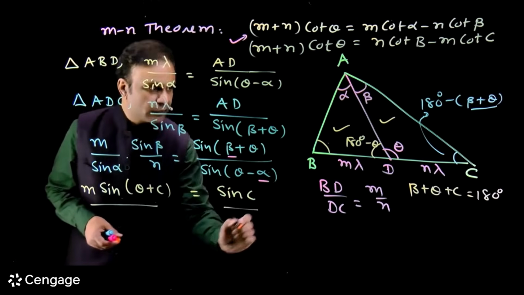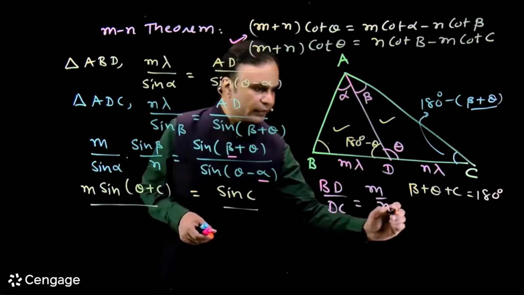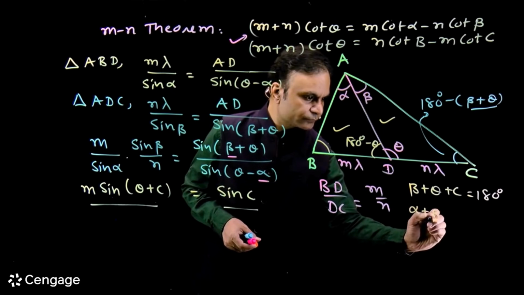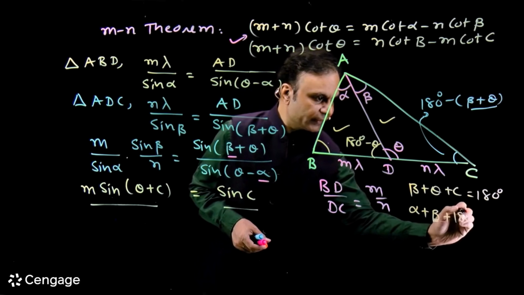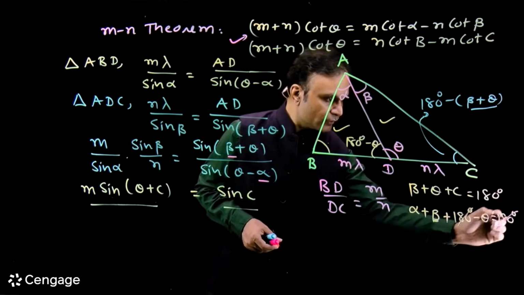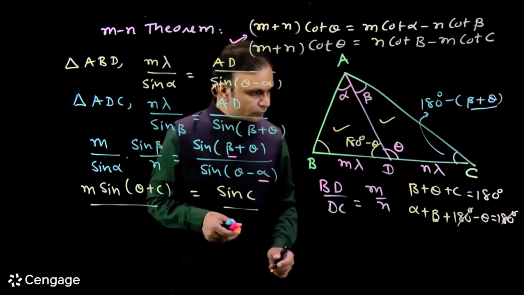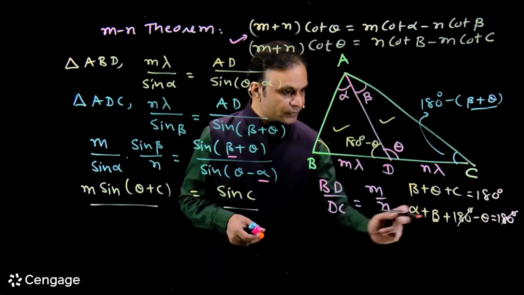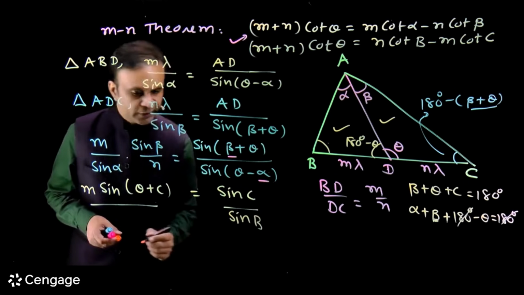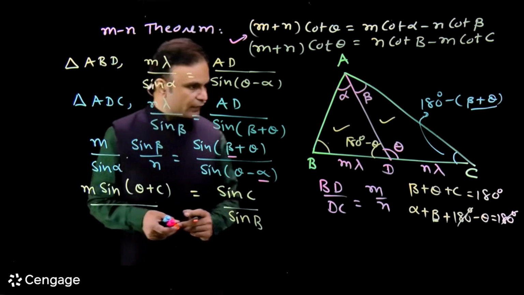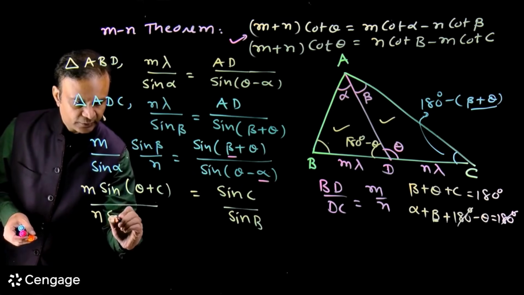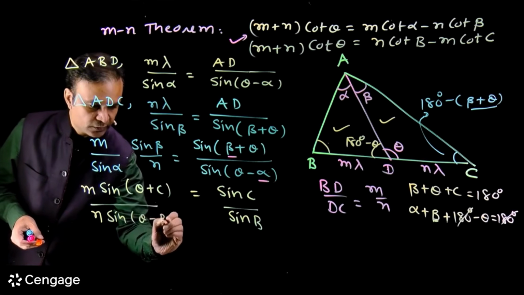Okay, now in triangle ABD we have alpha plus B plus 180 degrees minus theta is equal to 180 degrees. So theta minus alpha is angle B, so we have sine B in the denominator. And angle alpha is theta minus B, so we have n multiplied by sine of (theta minus B).